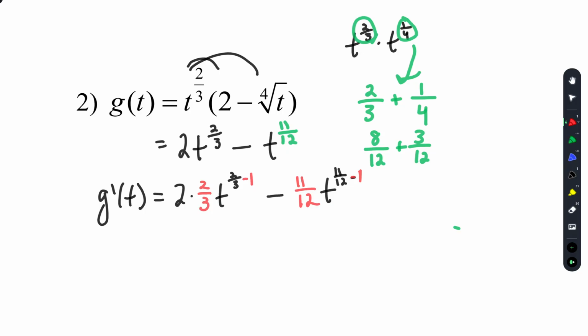So it's just fraction work for these guys. So this kind of gross one, but that's fine. Okay, so we get 4/3 t to the negative 1/3, right? And then 11/12 t to the negative 1/12.